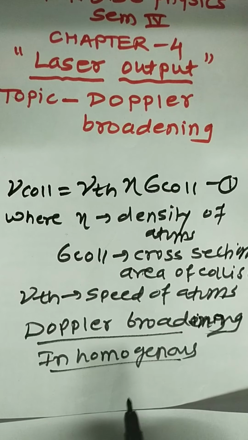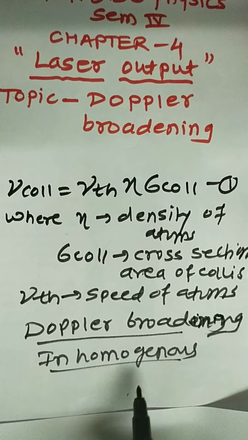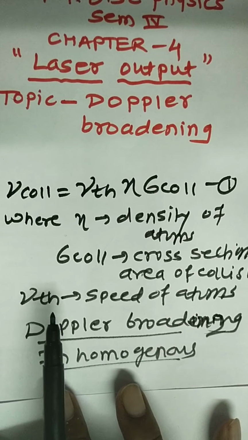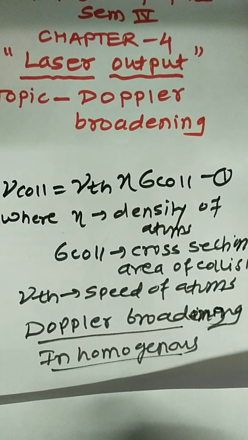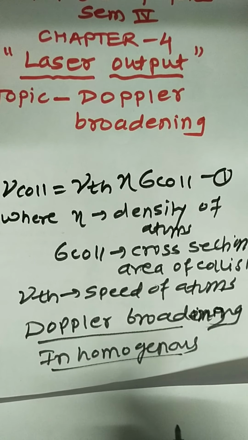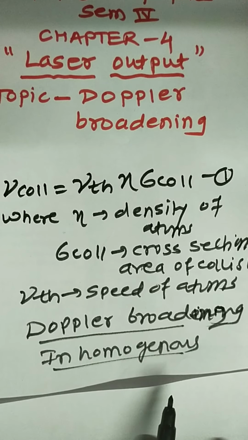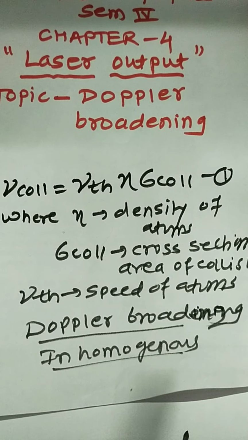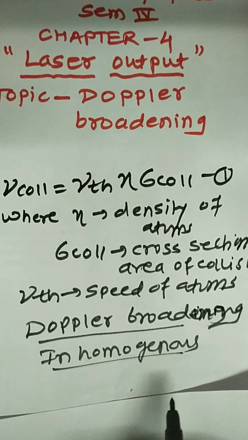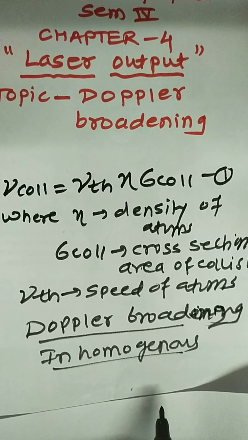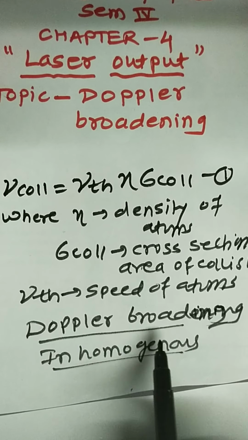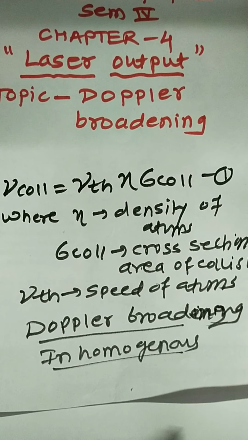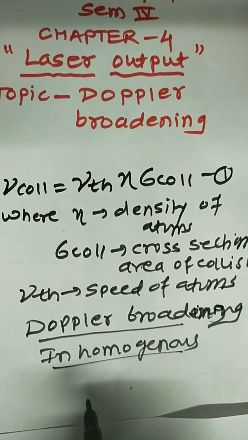The frequency measured by the observer increases when source and observer approach each other, and decreases when they recede. In a gas, atoms move randomly, therefore the observer can measure a range of frequencies, and this broadening of the line is called Doppler broadening.